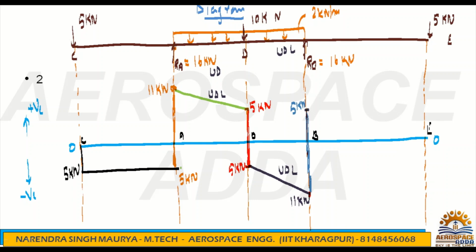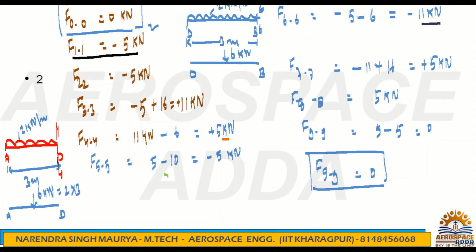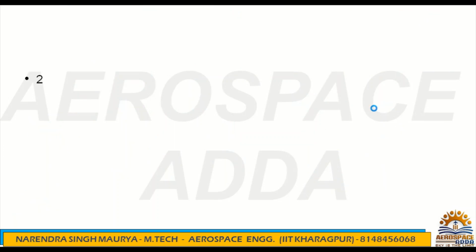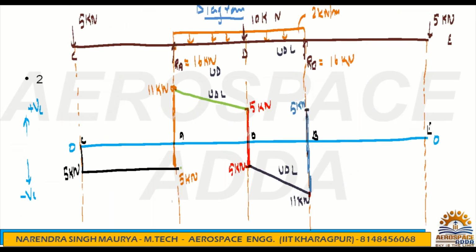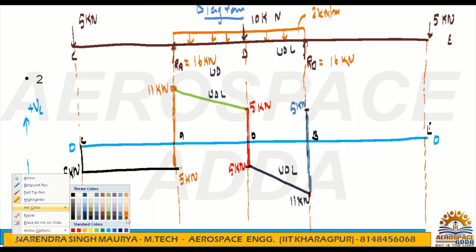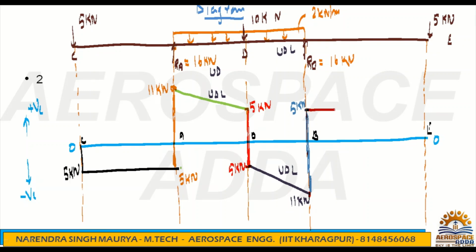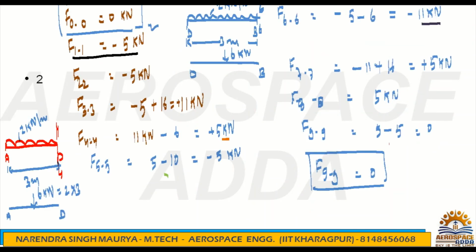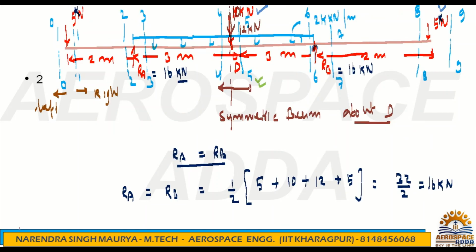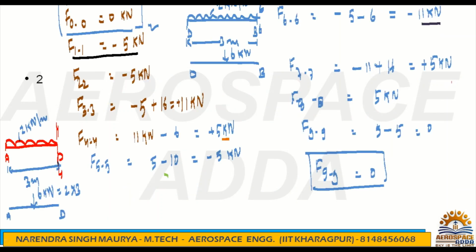Okay, right. Then 8-8 again becomes the same, and between there is no load, so 5 kilonewton will reach here. And see, 9-9 means just after the beam ends, 9-9 becomes 0.